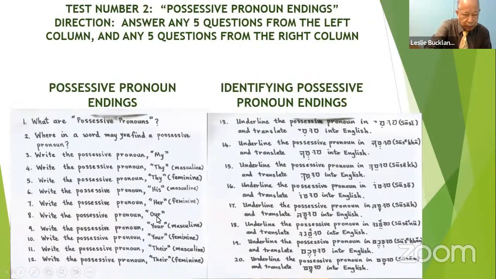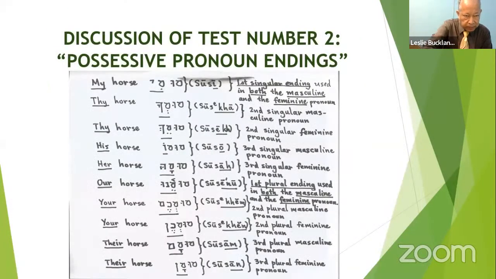Next question, number 8. Write the possessive pronoun our. And let's look at that. Here you have it. Our is enu, E-N-U, sere, nun, shureq, enu. Notice the accent mark is over here, so we'll stress it, enu, our.